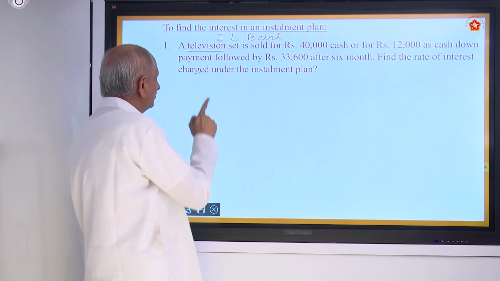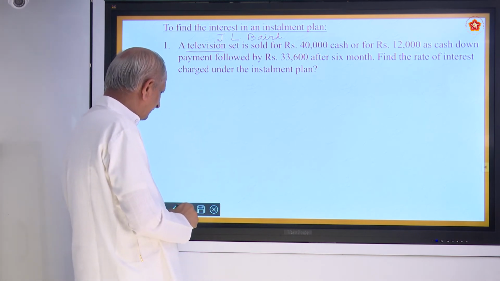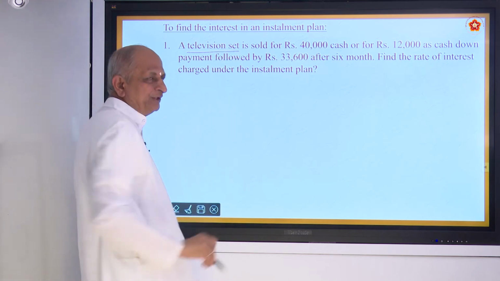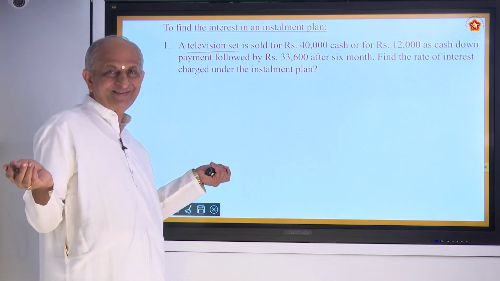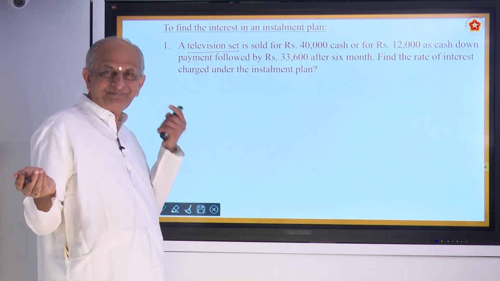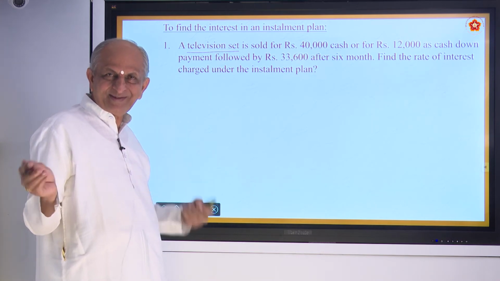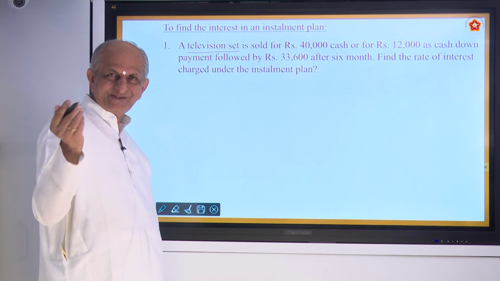Okay. So here we are talking about the business of television. So, a television set. Of course, there are so many companies. Can you name some of them? Yes, Sony company is there. Then LG company is there. Then so many like that.